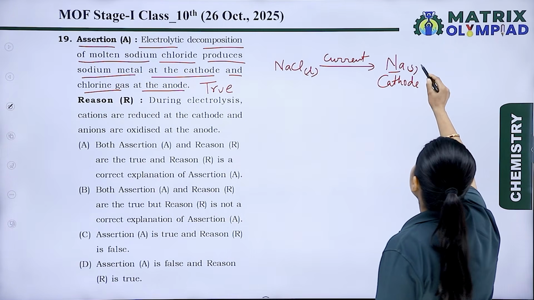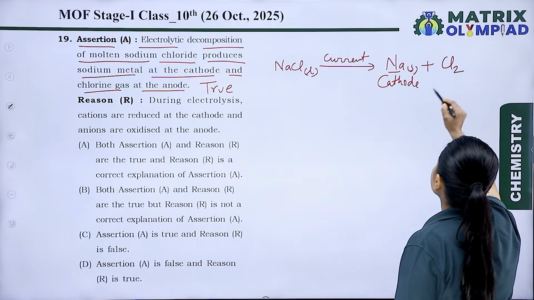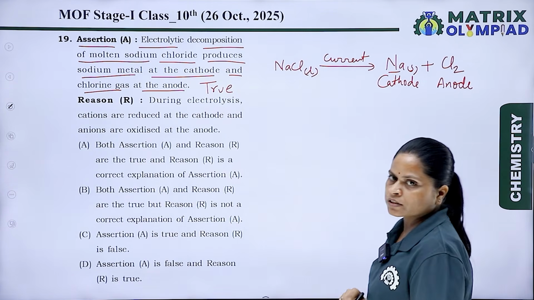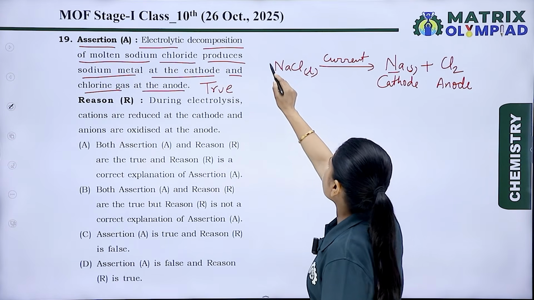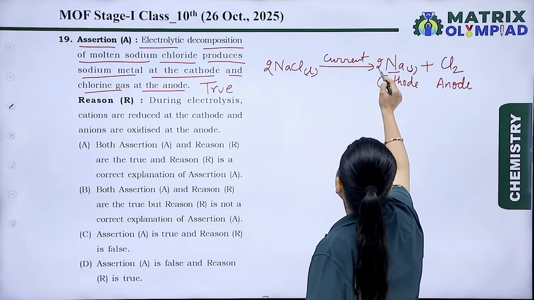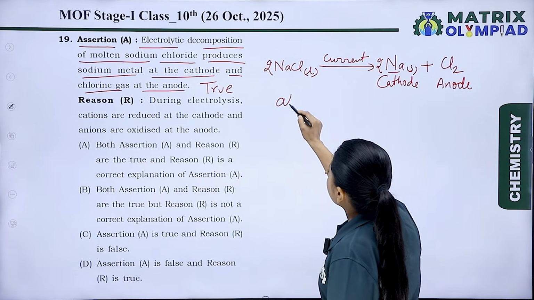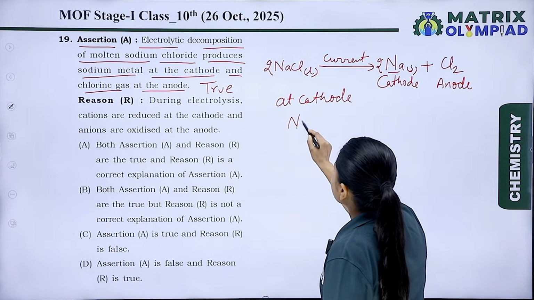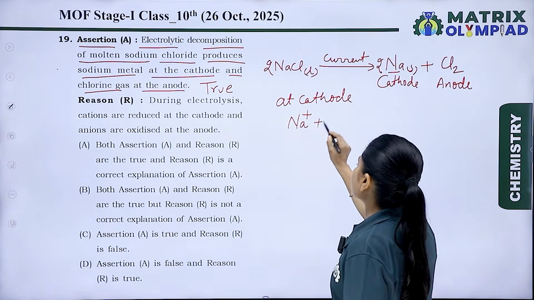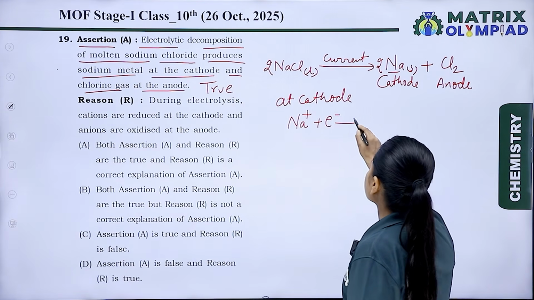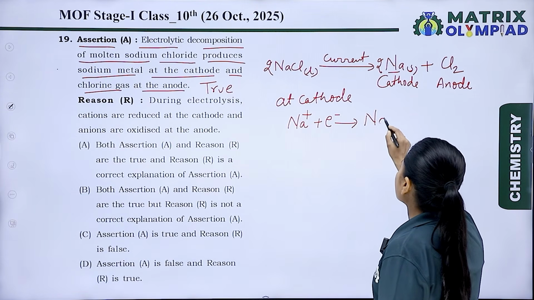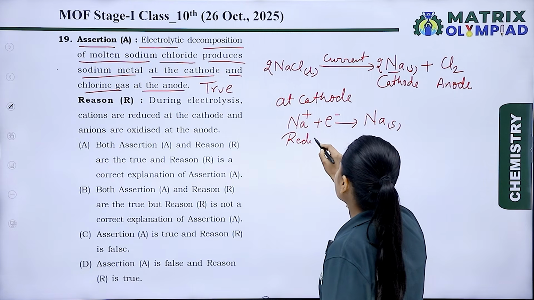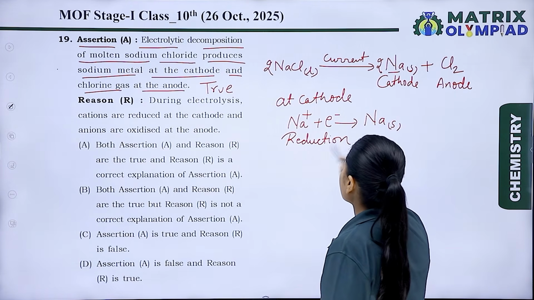and at the anode Cl2 gas is produced. Now let's balance the reaction. At the cathode, the sodium cations, by taking electrons, give sodium metal, that is the reduction of sodium ion.